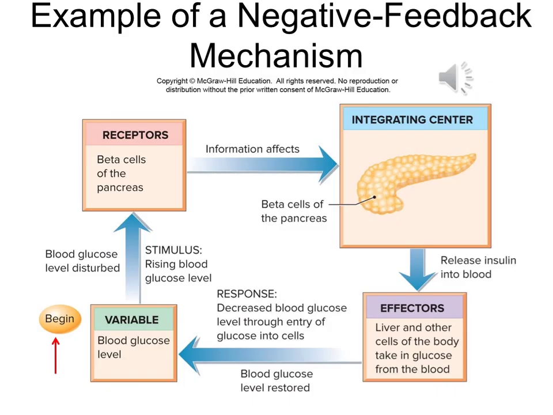So let's take a look at a negative feedback mechanism within the body. What we're looking at here is the regulation of glucose, which is your blood sugar. If we look at the bottom arrow there, we'll see the red arrow where we begin. As we go up, our stimulus is that our blood glucose rises. So let's say you just ate that large La Rosa's pizza. What we're going to do then is go to a receptor, which is the pancreas. We're going to send information over to the pancreas and say we need to release insulin.